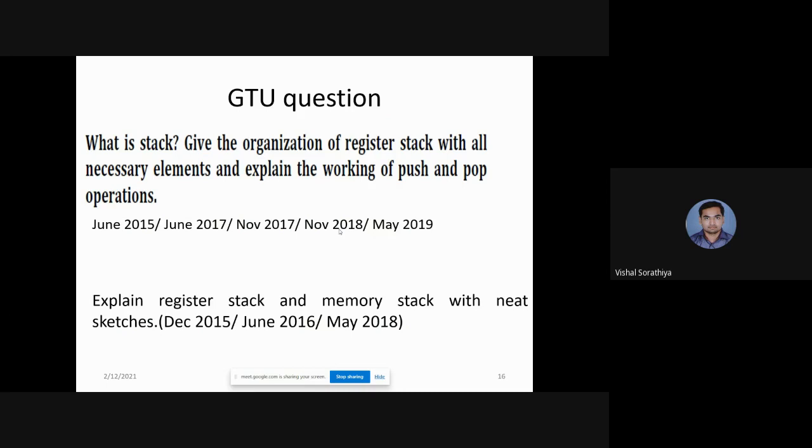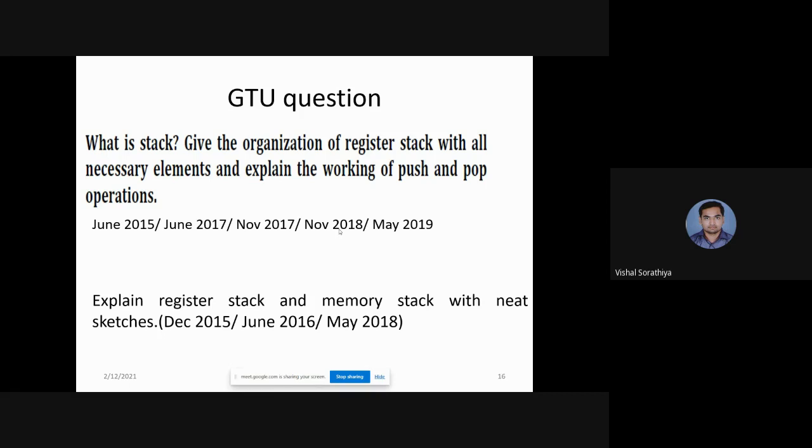Going forward, today we need to discuss what a stack is. We need to give the organization of the register stack with all necessary elements, and explain the working of push and pop operations.